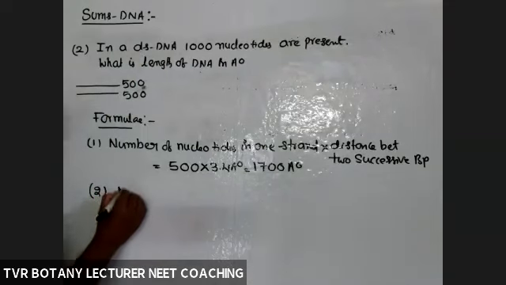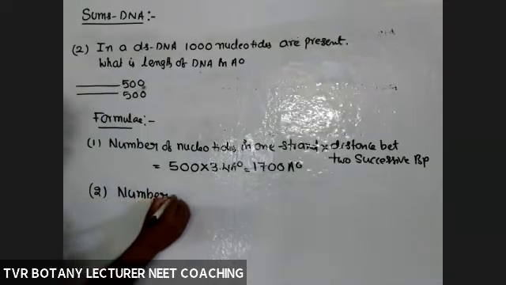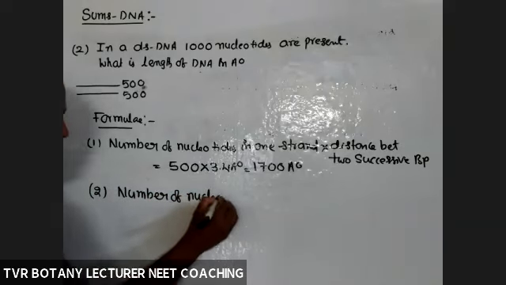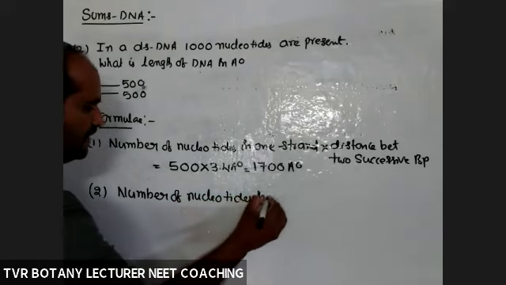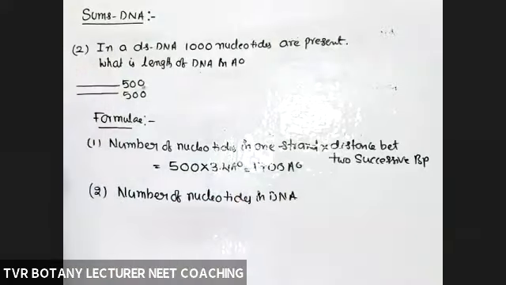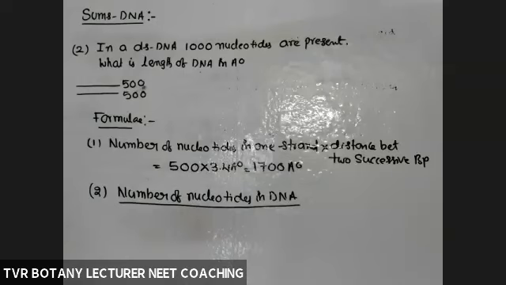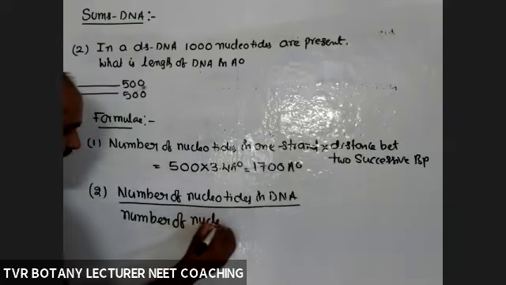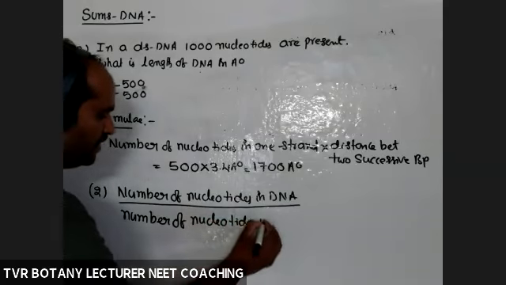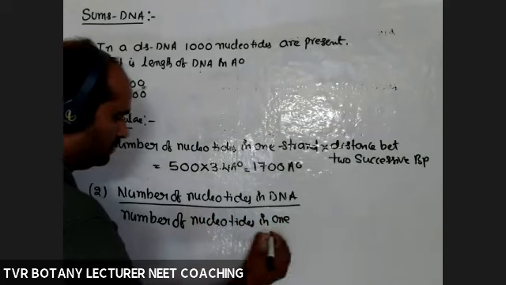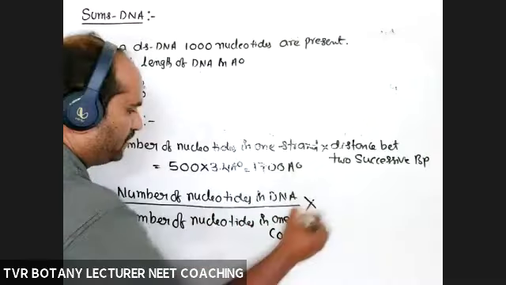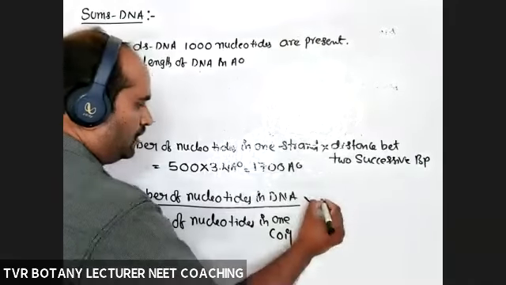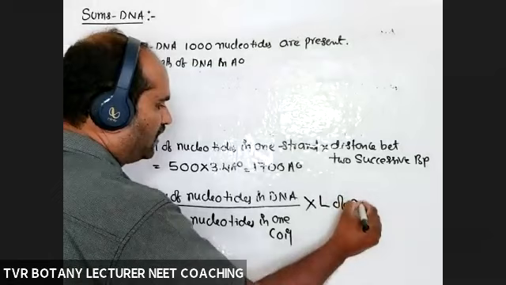Second formula: number of nucleotides in DNA, divided by number of nucleotides in one coil, multiplied with length of one coil.